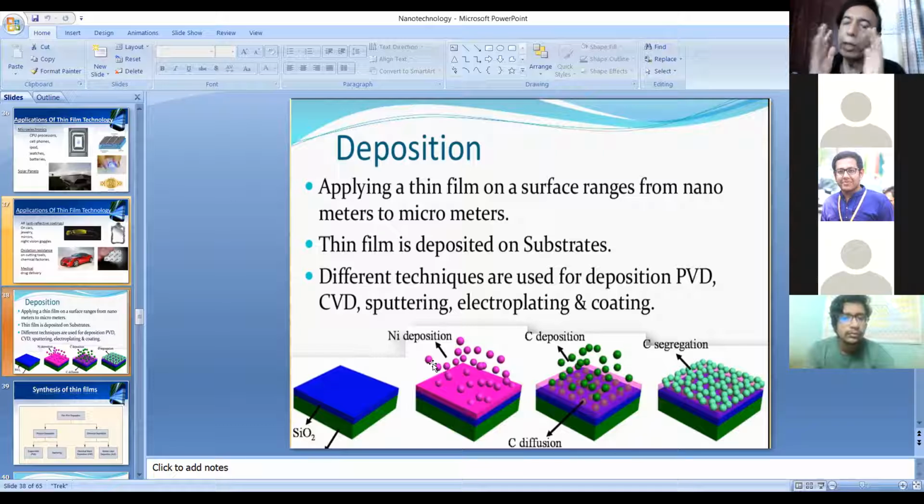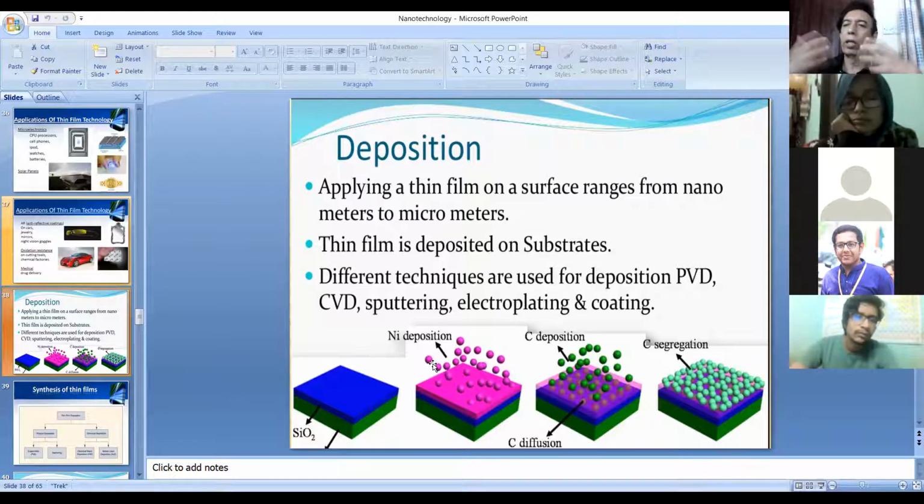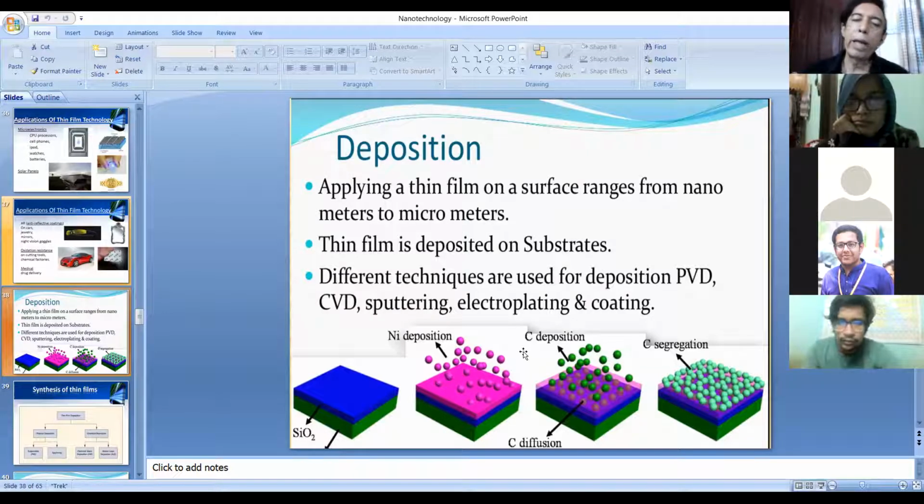So how can you do it? How can you prepare a thin film? By the self-assembly of the atoms. What do you mean by self-assembly of the atoms? Say one layer of atoms is deposited here, and another layer of atoms will be deposited here by themselves.